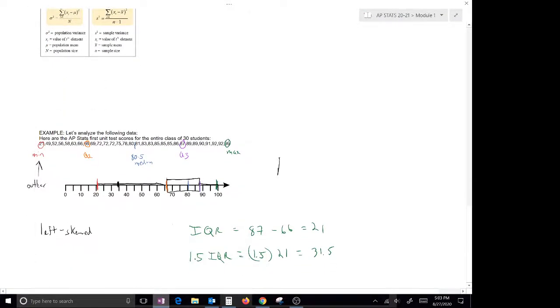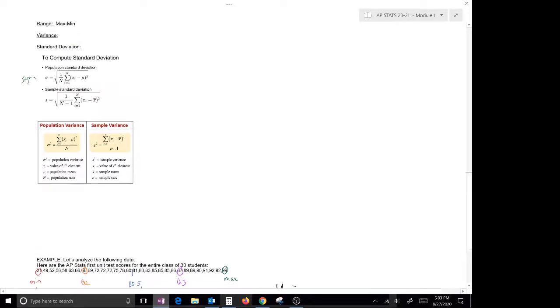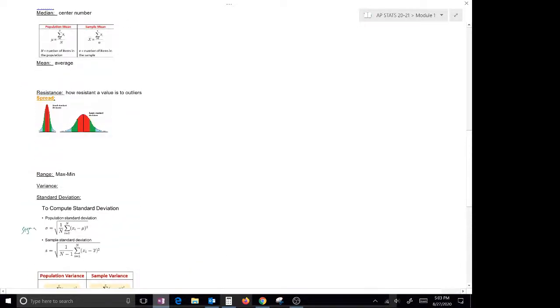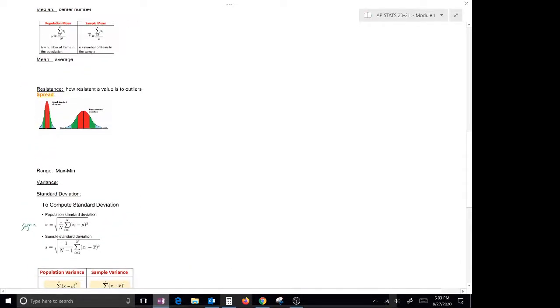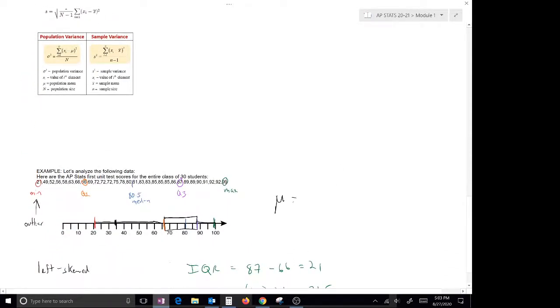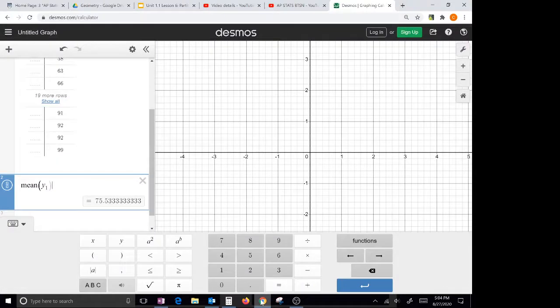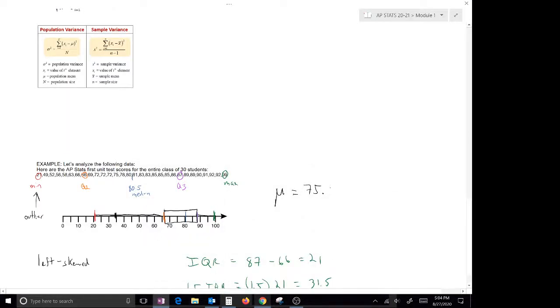So our mean, since this is a population, we're going to use the Greek letter mu, and we get 75.53 repeating.